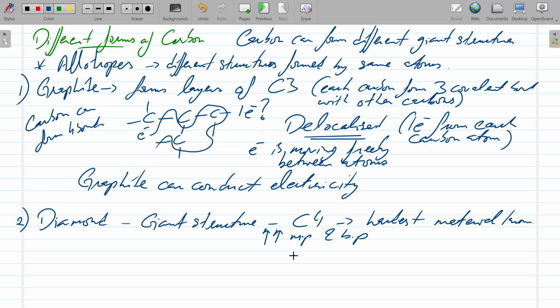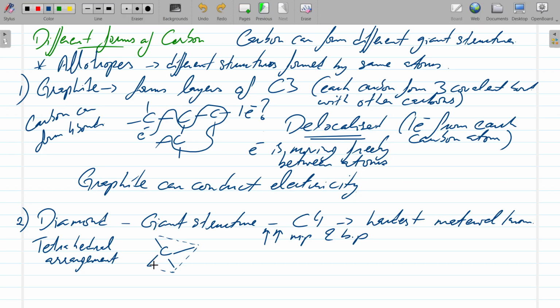Right, yeah, so we talked about the hardness. The arrangement is tetrahedral. What does that mean? Means it's something like this. So it sort of forms a pyramid with the carbon at the head of the pyramid.